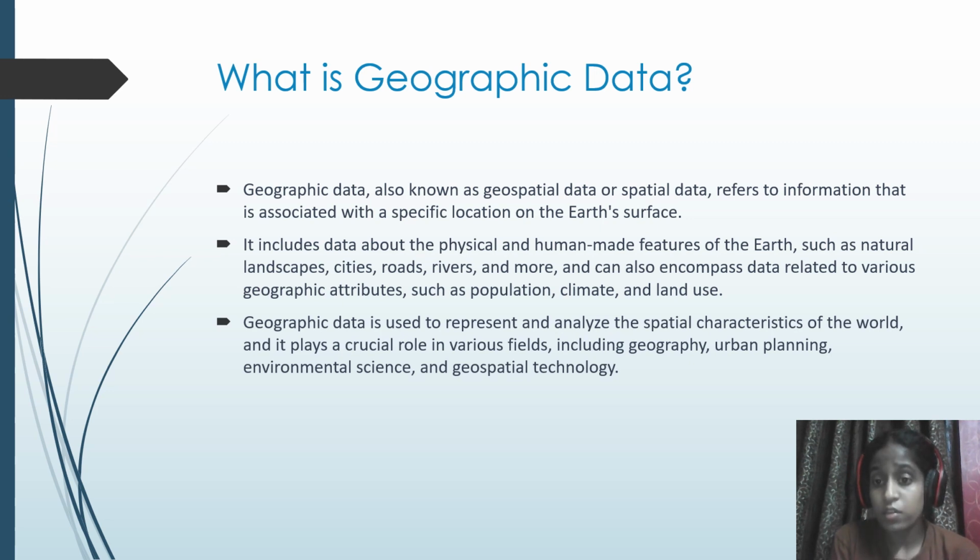It also includes data related to various geographic attributes such as population, climate, and land use. Geographic data is used to represent and analyze the spatial characteristics of the world, and it plays a crucial role in various fields including geography, urban planning, environmental science, and geospatial technology.